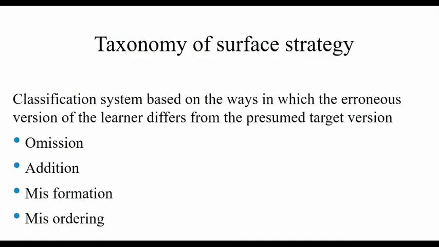The second classification is surface strategy taxonomy. The taxonomy of the surface strategy is a classification system based on the ways in which the erroneous version of a learner differs from the presumed target version. This illustrates the form in which surface structure deviates.